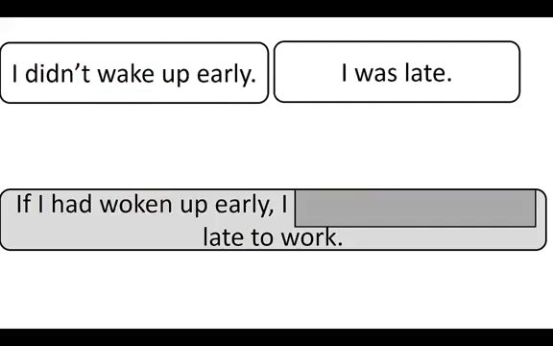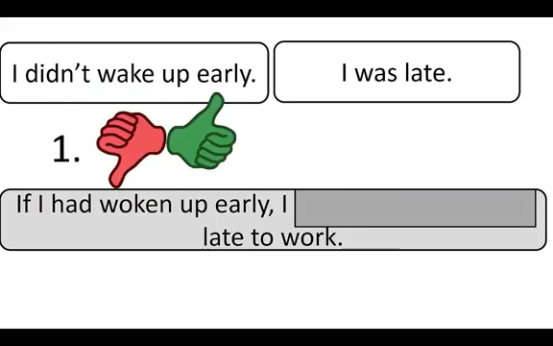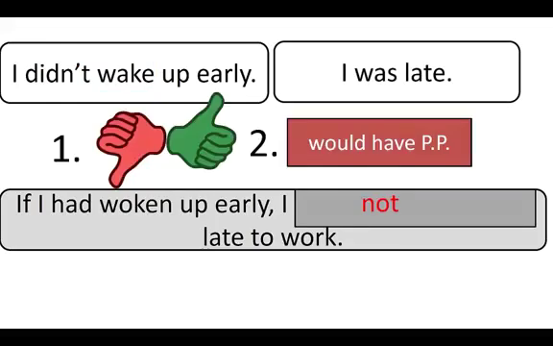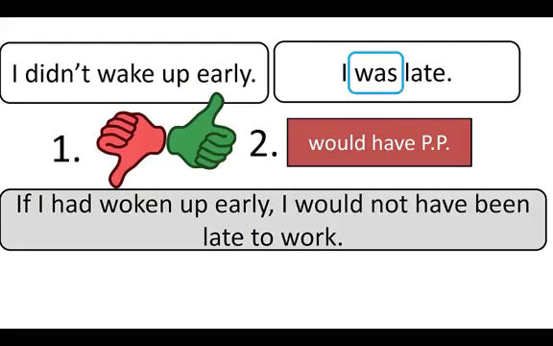For the result clause, change the verb from the affirmative to the negative. Then, use would have and the past participle of this verb. If I had woken up early, I would not have been late to work.